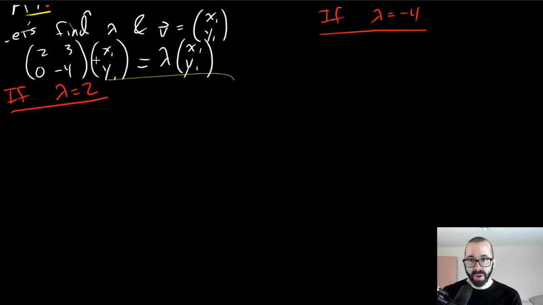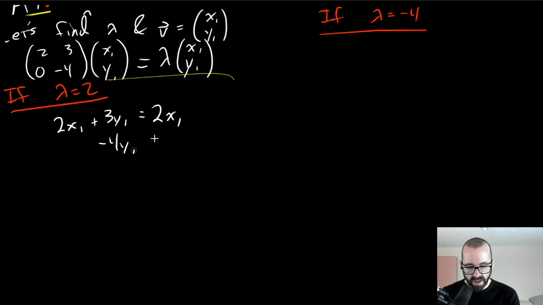So if lambda equals 2, what happens? We get 2x1 plus 3y1 equals, if lambda equals 2, we get 2x1. The 0, this just becomes -4y1, needs to equal 2y1. All right, if lambda equals 2, this is what we have. And notice something very interesting.